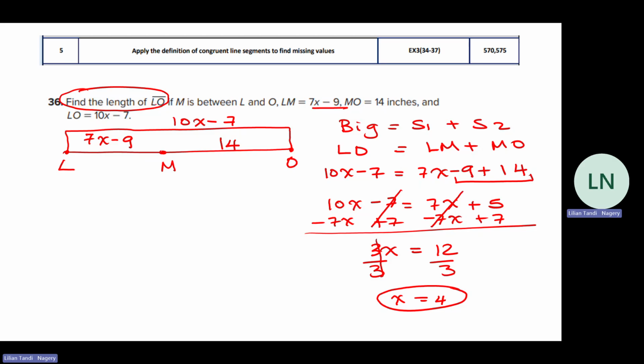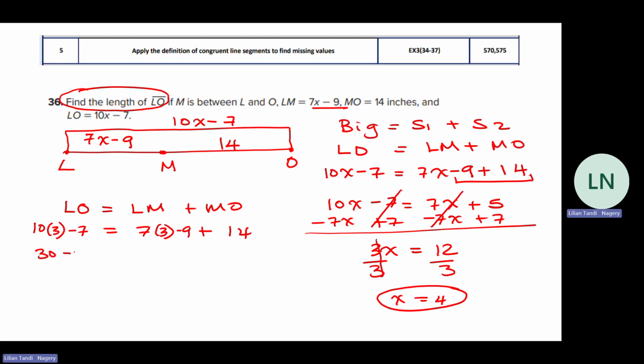Then I come here. The question wants LO, so I can check. Let me do the check. LO equals LM plus MO. LO is 10 parentheses 3 minus 7, which is 7 parentheses 3 minus 9 plus 14.